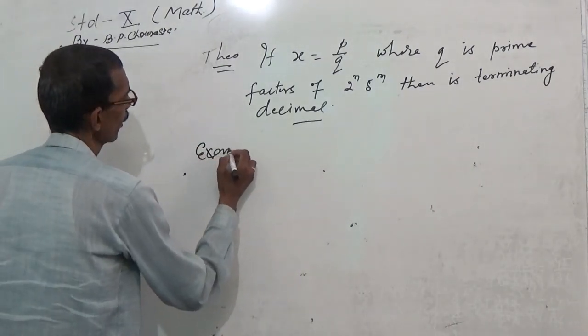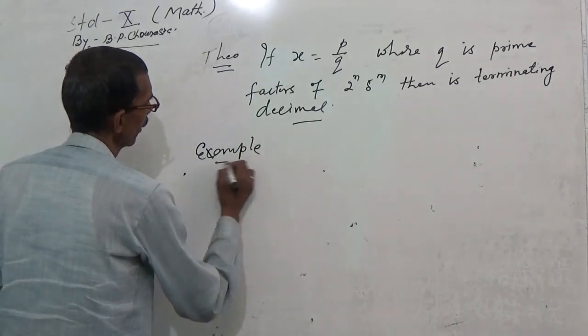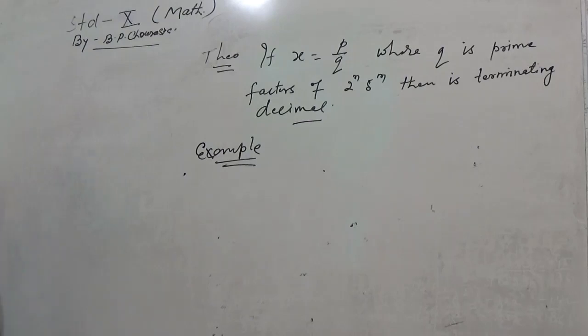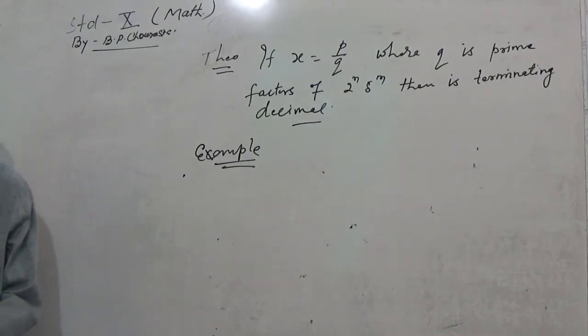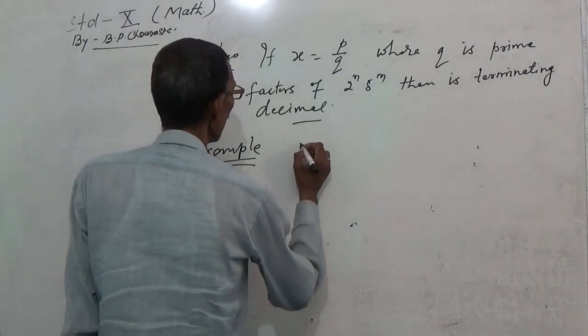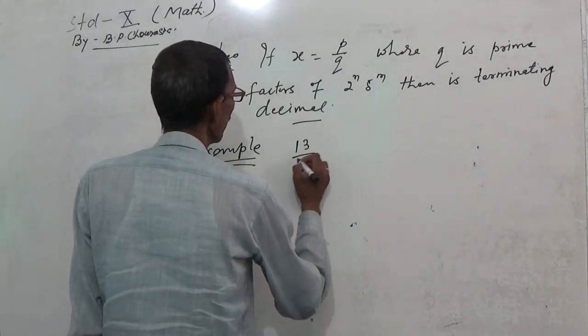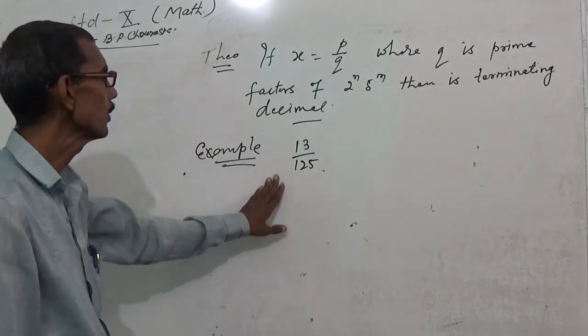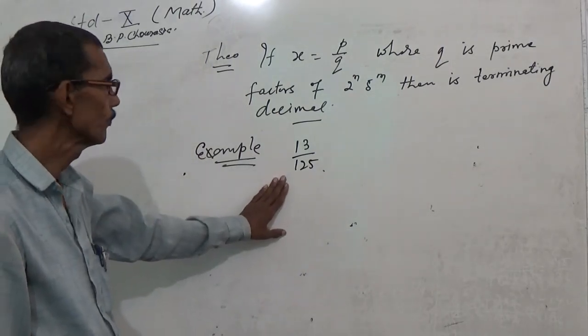Example. Suppose you are given 13 by 125. This is of the form p by q.